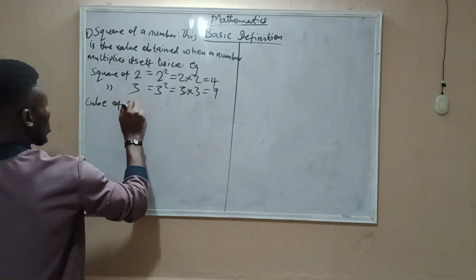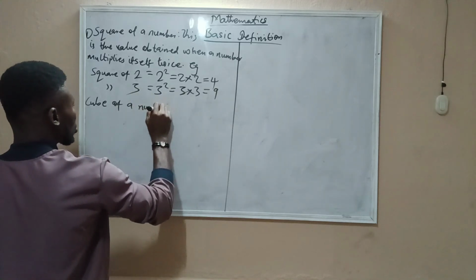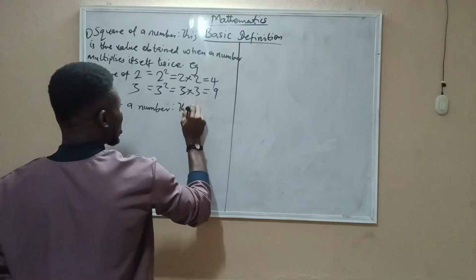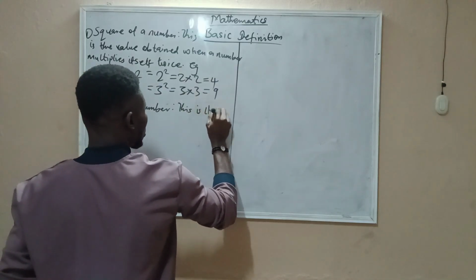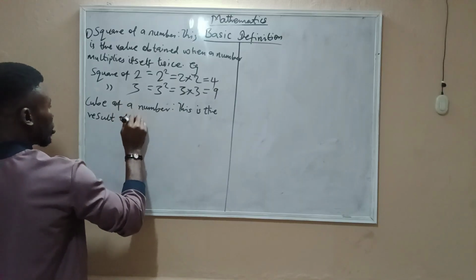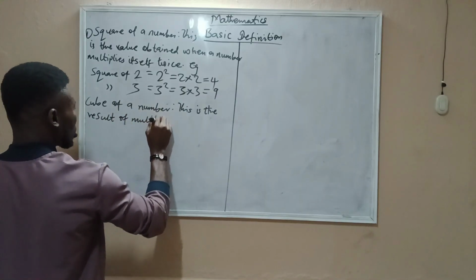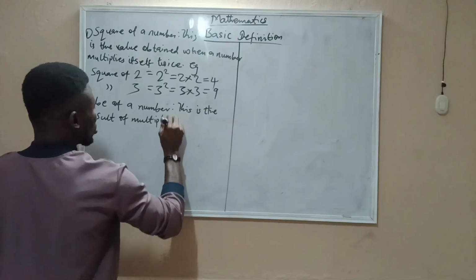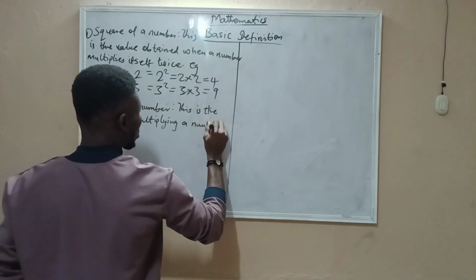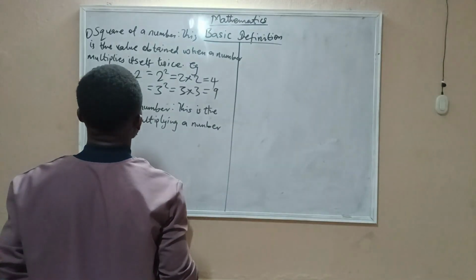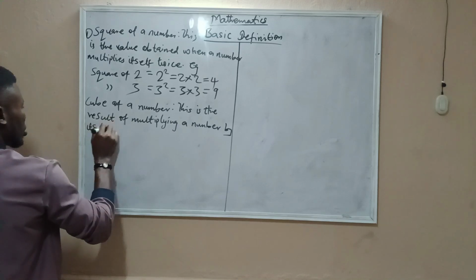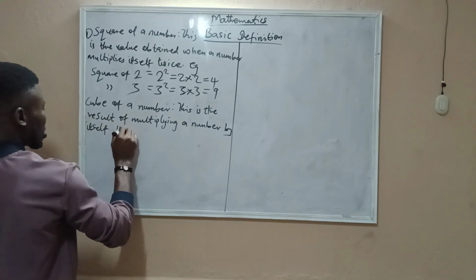Now the second definition is cube of a number. This is the result of multiplying a number by itself 3 times.